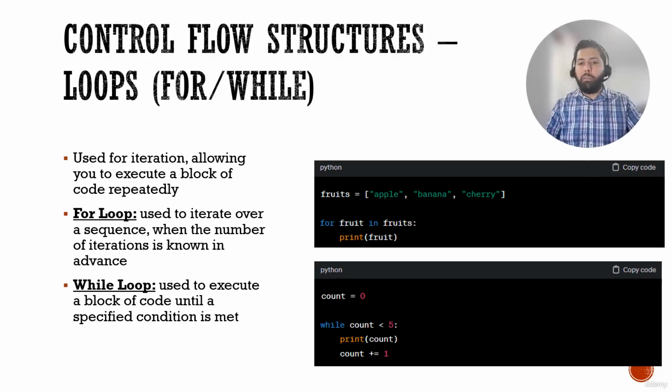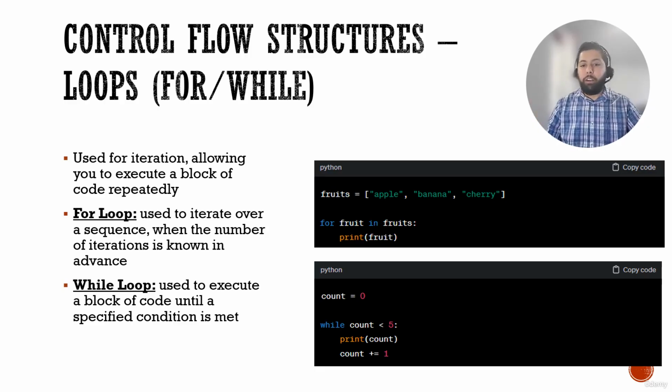So for fruit, rather, in fruits, so it's looking for one fruit in fruits in this list here, print fruit. And what this is going to do is literally print each of them one by one, because it's going to look at how many elements there are in this list here, and then it's going to execute each one and print each fruit in order: apple, banana, cherry.